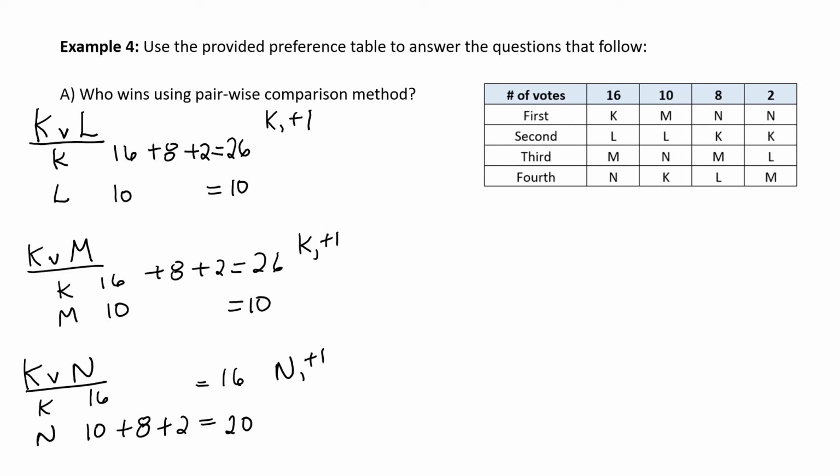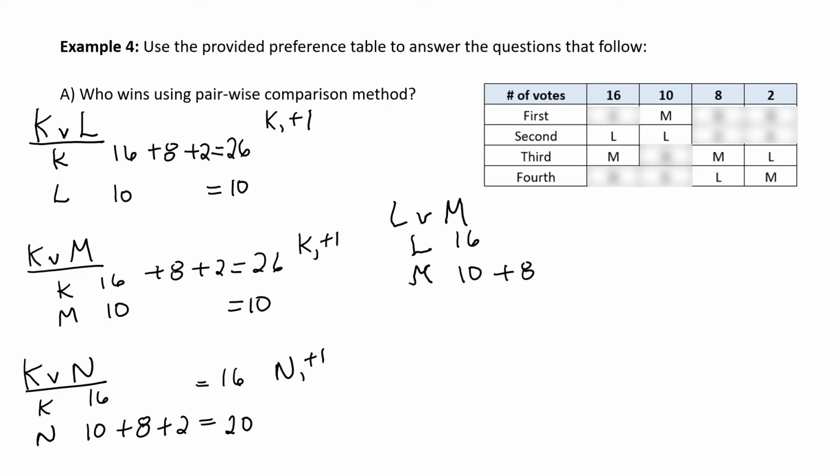We've got a few more to do. Now we'll move to L. So let's match L with M. Do head-to-head, L to M. On the first ballot, L is ahead, so L gets all 16. On the second, M is above L, so M gets all 10 of those. On the third ballot, M is ahead of L, so M gets 8.